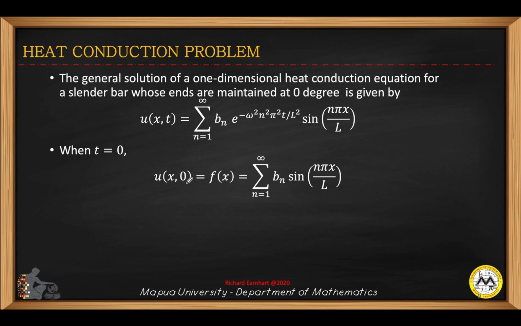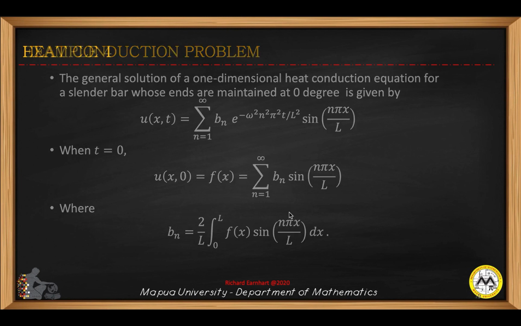This exponential function contains t, so the exponent will be 0, and e to the 0 is 1. That leaves only b sub n multiplied by sine n pi x over L. Your b sub n, of course, will be evaluated using this integral from the Fourier series expansion.